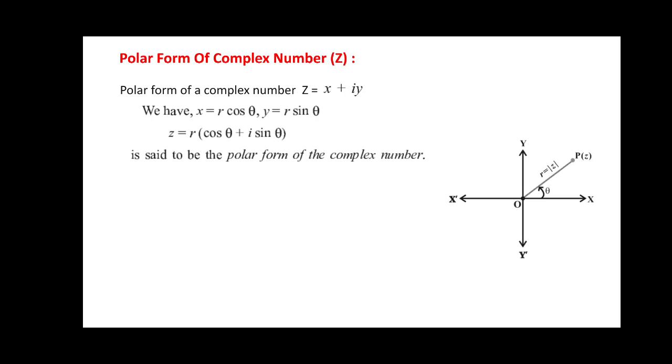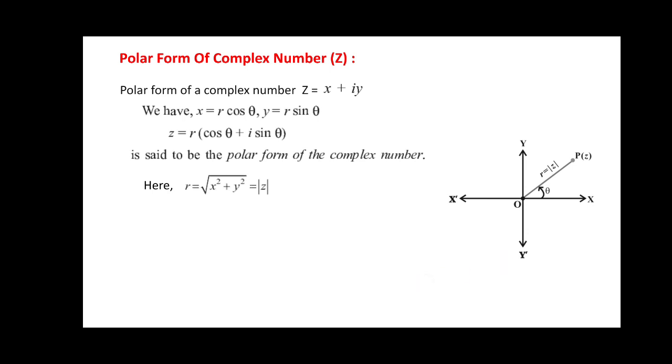See students, this is the complex plane. Here P is the point which represents the complex number, which is at a distance from the origin, taken as small r equal to modulus of z, and the line to the point P makes angle theta with the positive direction of the x axis.